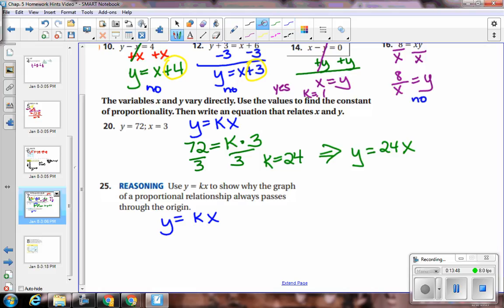So what we could do is put in a 0 for y and put in a 0 for x and see if that's true. And we know that since any number multiplied by 0 gives 0, that's why that would be true. So our proof is just to put the 0 and the 0 into the equation. And we see that when x is 0, y must also be 0.